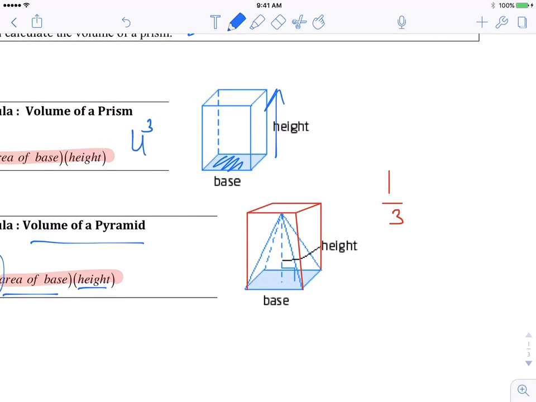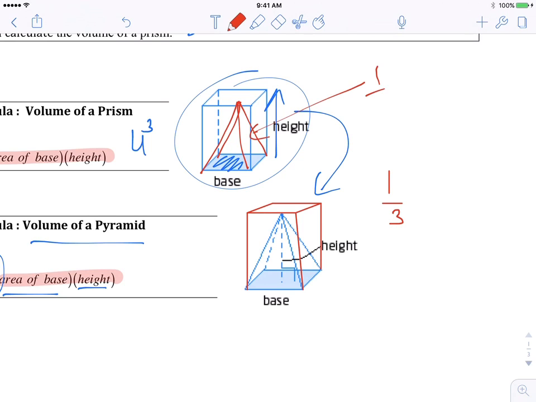Basically, if I draw in red the same prism that you have here, if you had a block the size of that prism and you tried to carve a pyramid out of it with the same base and same height, so basically the same dimensions, that pyramid in red would be 1/3 of the volume of the entire prism.